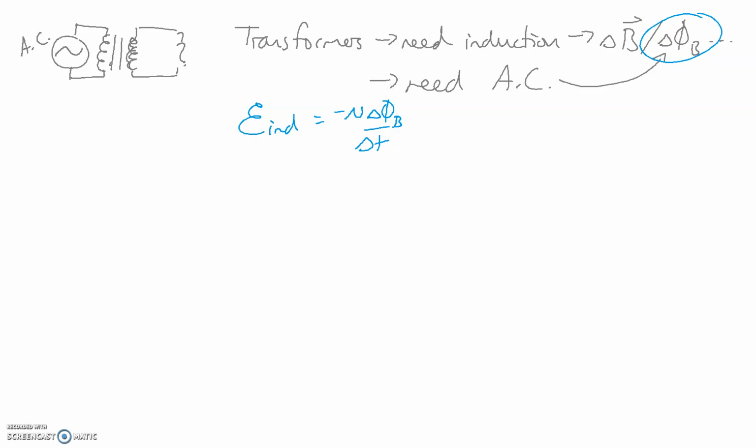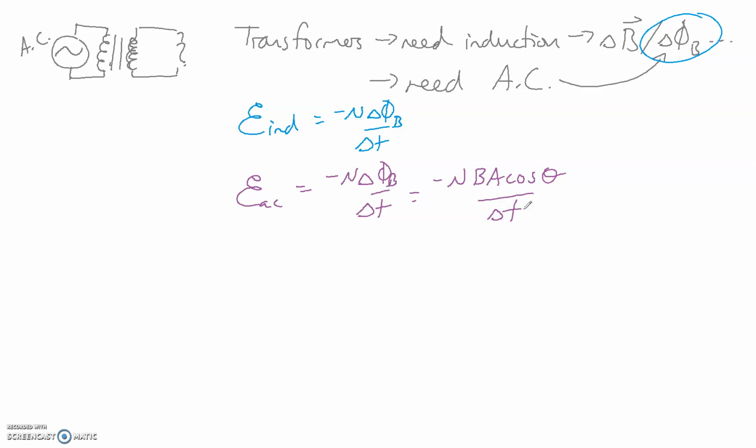If we're going to modify this for induced AC EMF, we're going to start with the exact same expression: negative N change in B over change in T. And we can even expand out that whole flux thing, which would be negative N, B A cos theta divided by delta T, something like this.